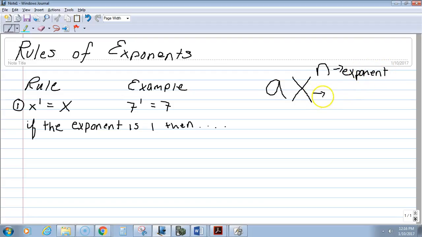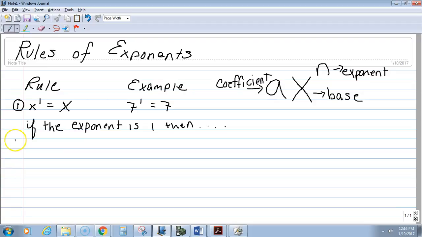My x is the base, just so you know what I'm talking about when I use my academic language. And the a is my coefficient here, okay? So x is the base, n is the exponent, and a is my coefficient in this particular case. All right, so finish that sentence. If the exponent is 1, then what happens?